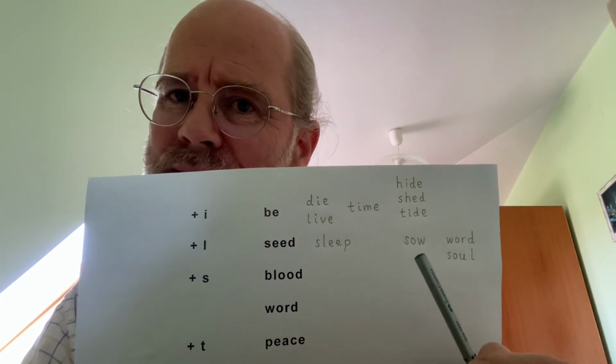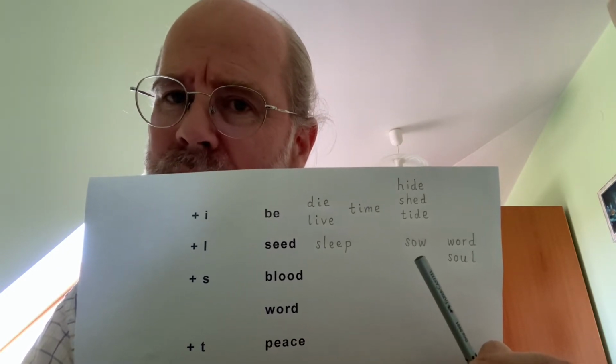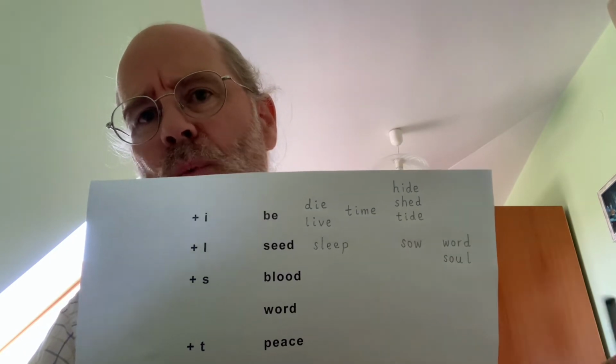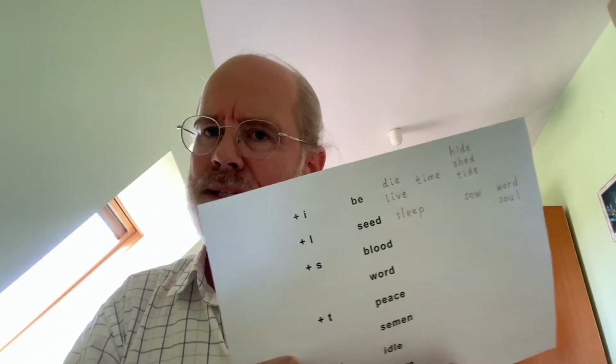So it is sown in our soul. And when our spiritual eyes are opened, that seed in our heart, sown in our soul, can come to life and bear fruit.